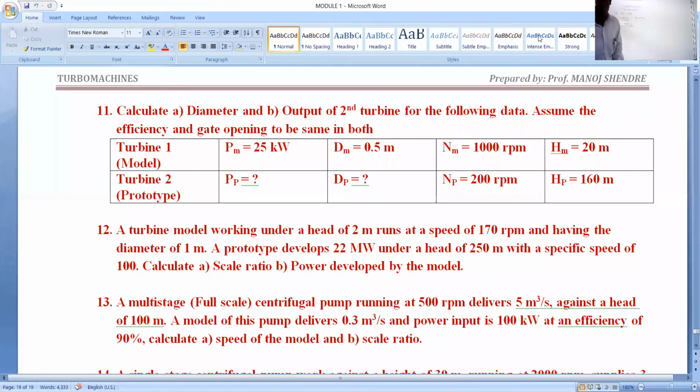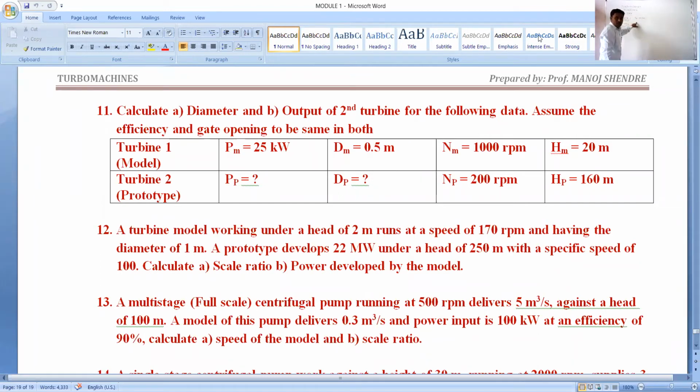So this is the first numerical on model studies. Calculate the diameter and the power output of the second turbine for the following data, assuming the efficiency and gate openings to be the same. The power obtained from the model is 25 kilowatts.